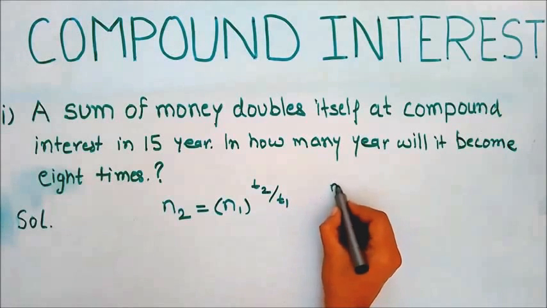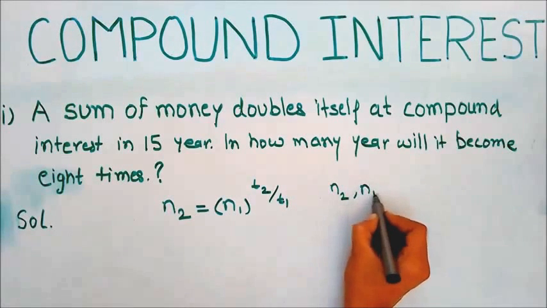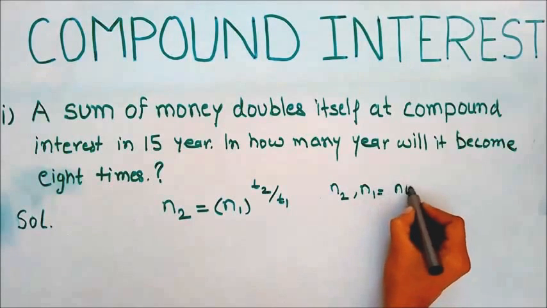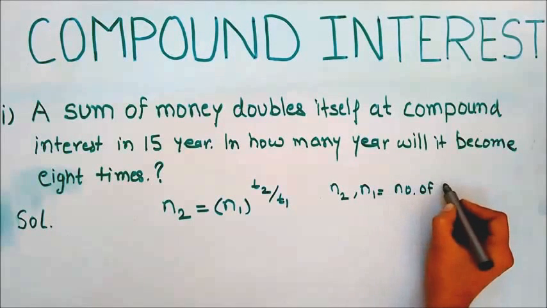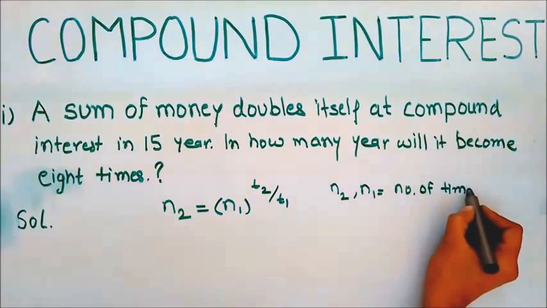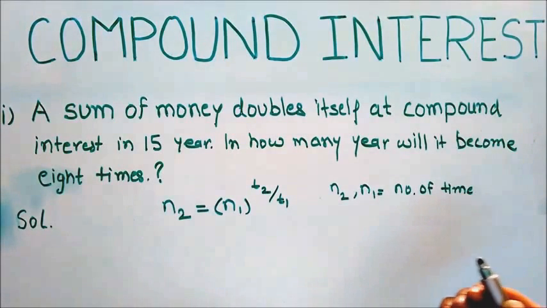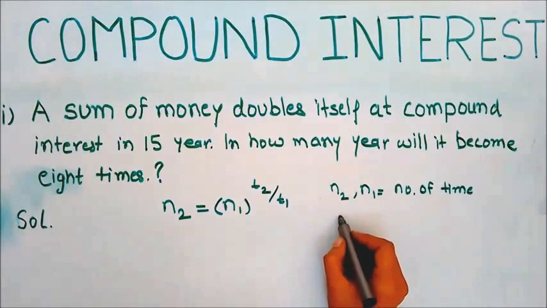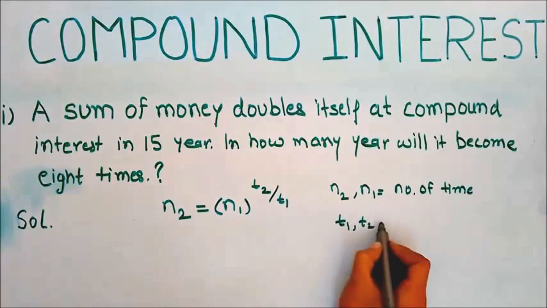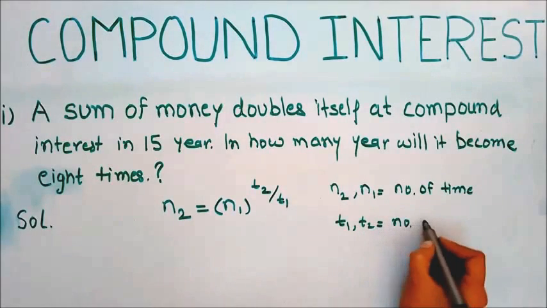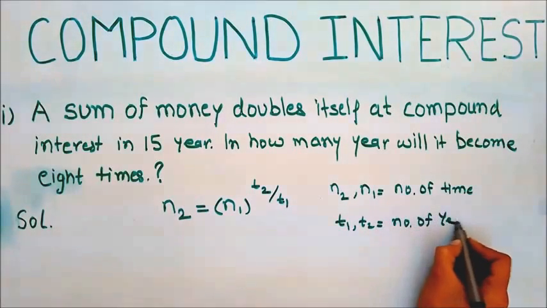Here n2 and n1 are the number of times it doubles or another form, and t1 and t2 are the number of years.